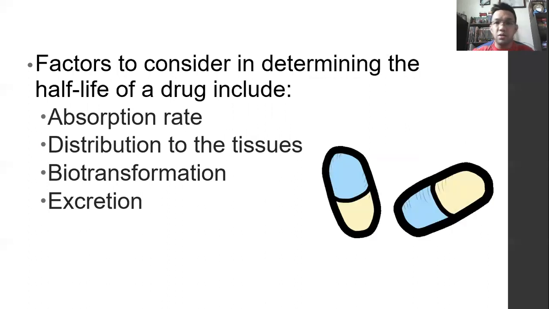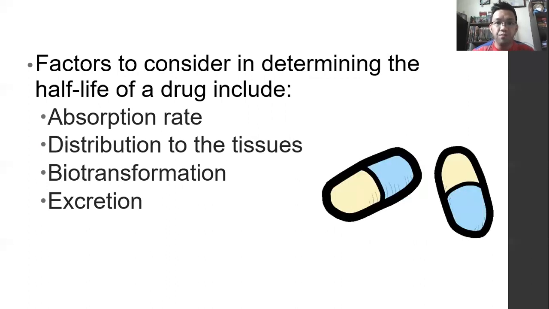Other factors to consider in determining the half-life of the drug are its absorption rate and its ability to be distributed to the body tissues. Also, the biotransformation. Sometimes if the patient is suffering from either a liver or kidney disease, we are also going to take excretion into consideration here.